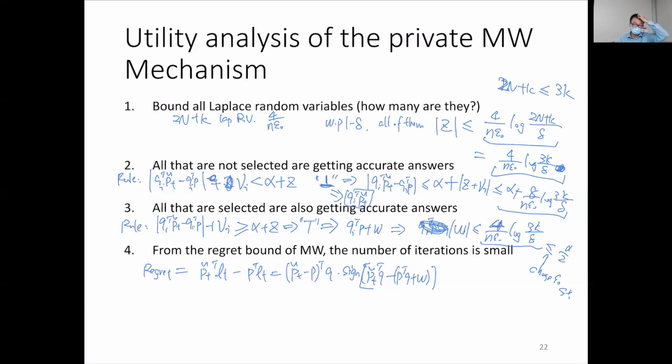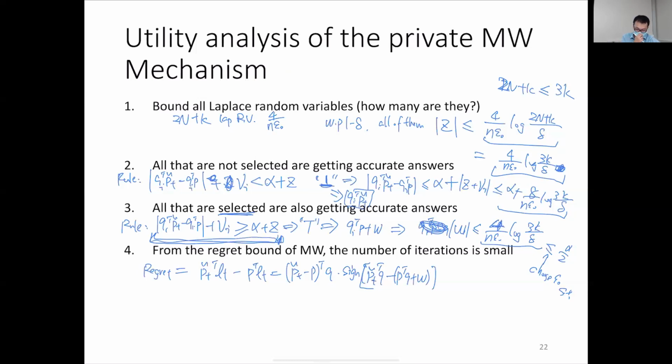So that's the idea, and that actually happens because when are we going to run this multiplicative weight algorithm? We are only going to run this multiplicative algorithm when this output is selected. And when this output is selected, then we know that this inequality is actually true, right?